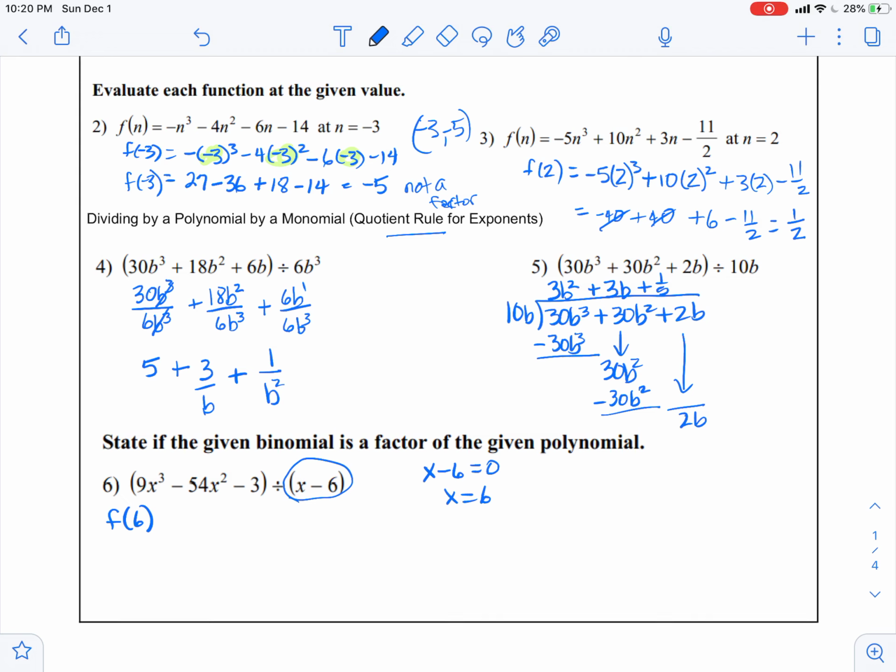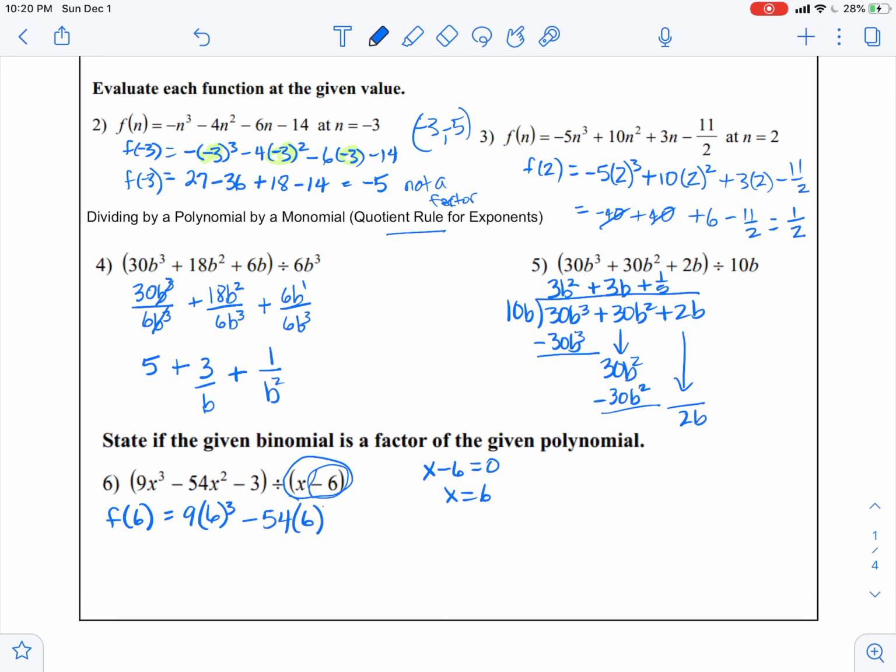So that would be 6, and so I'm going to do f of 6. So it's always the opposite of what's in here, okay? And so then I would go back into my problem, and I would put in that 6. And again, I'm going to work that out just like what I did in problems 1 through 3.